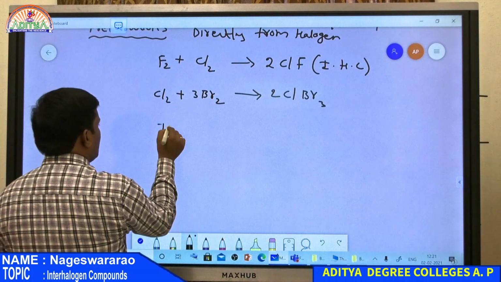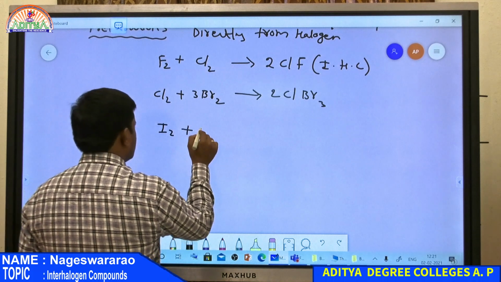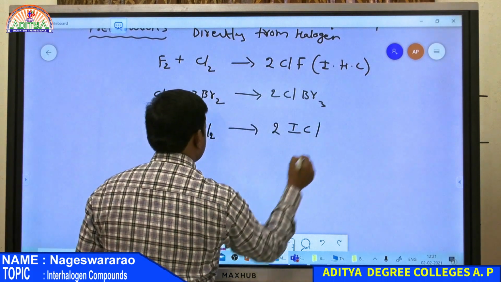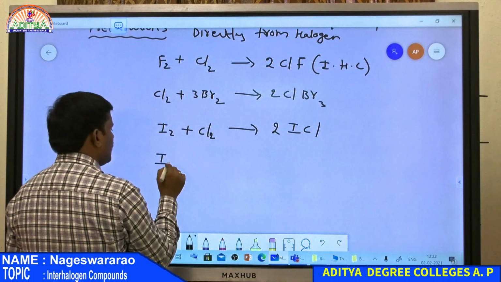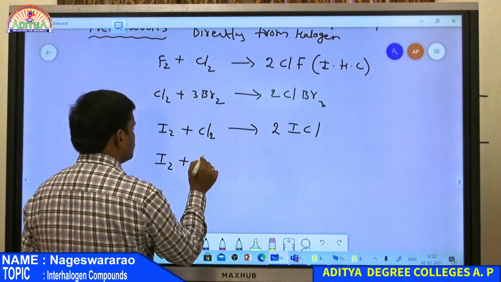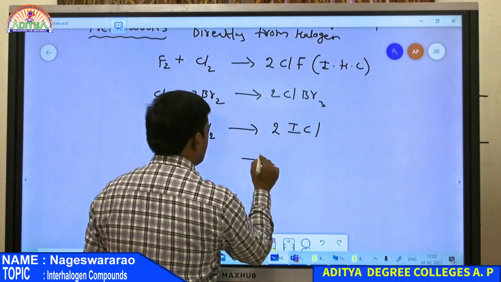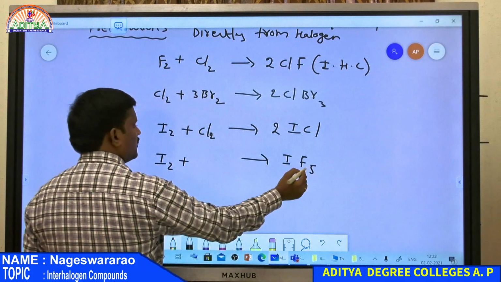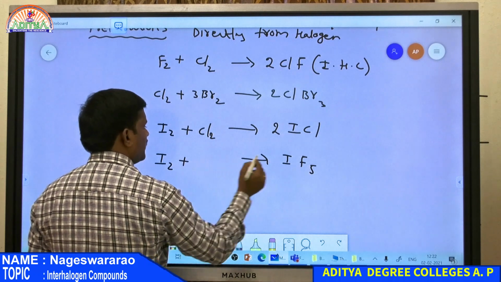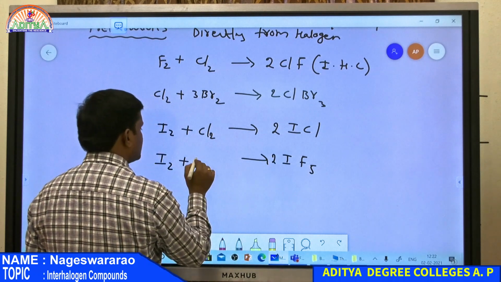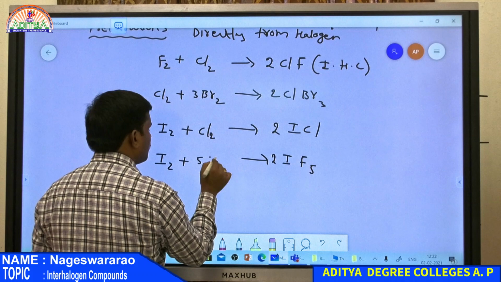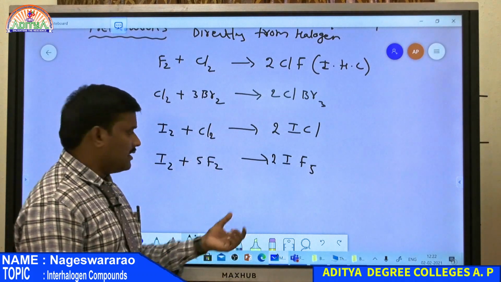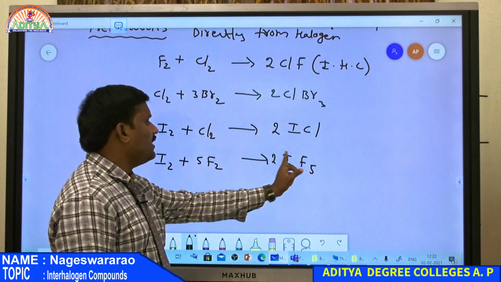If I2 plus Cl2, it gives 2ICl. Similarly, I2 plus 5F2 gives 2IF5.